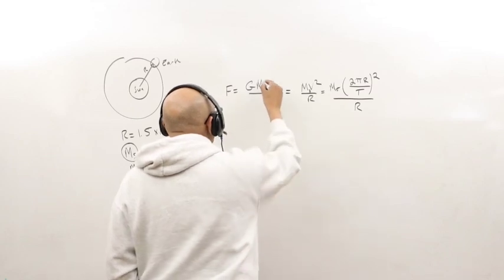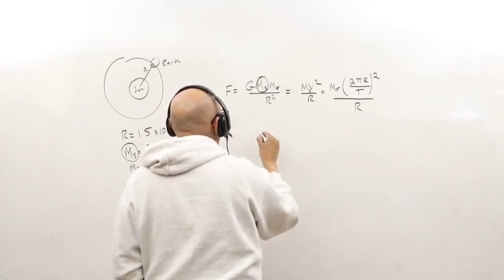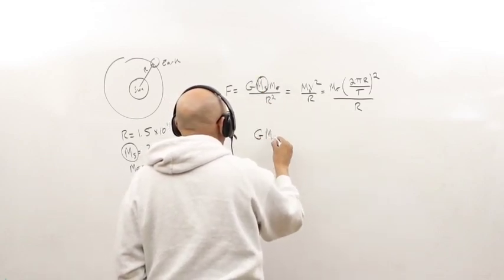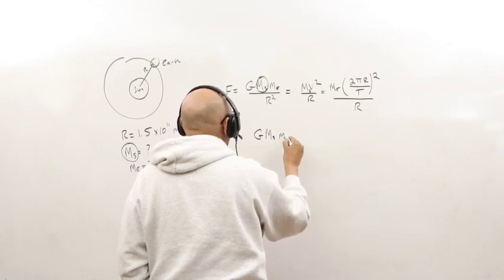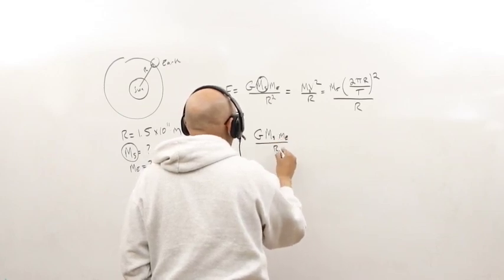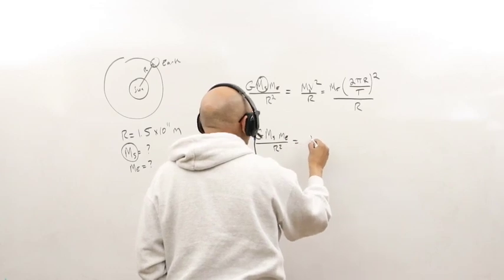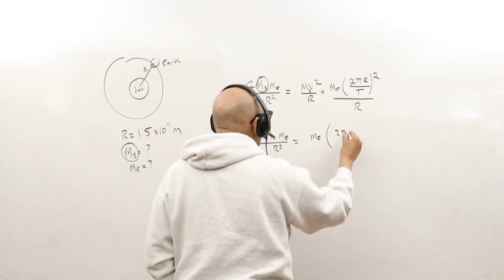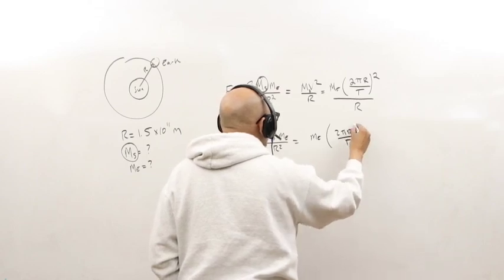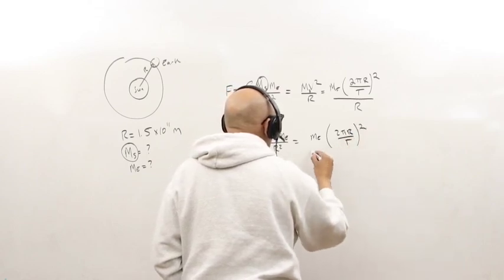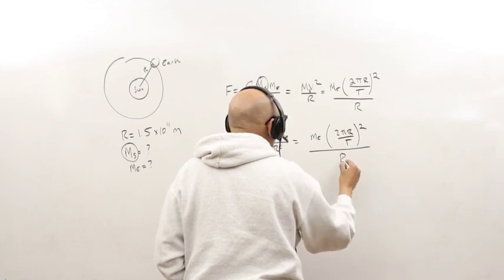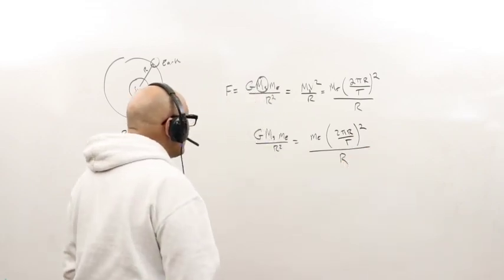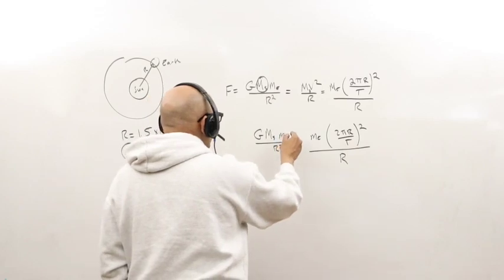And so this is what we're looking for. So I'll write this equation again. Mass of the Sun times mass of the Earth, divided by r squared, is equal to mass of the Earth times 2 pi r over T squared, all divided by r. So we can cross out the mass of the Earth.